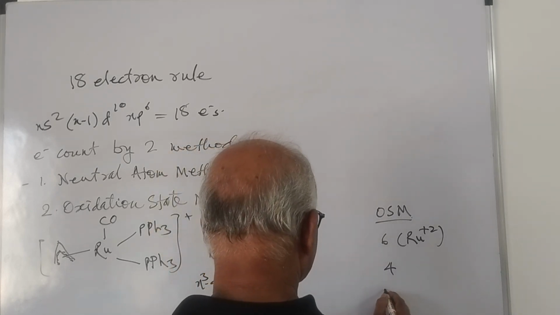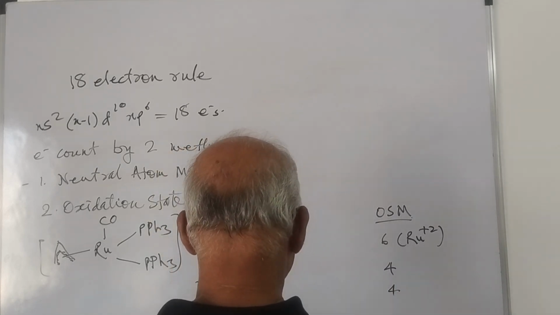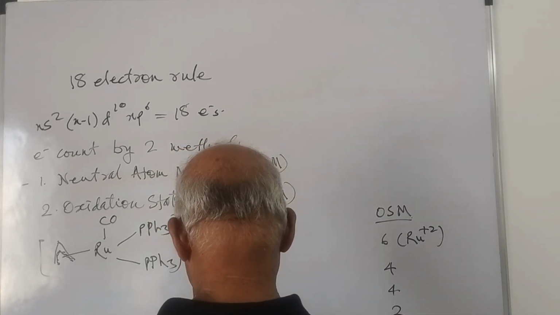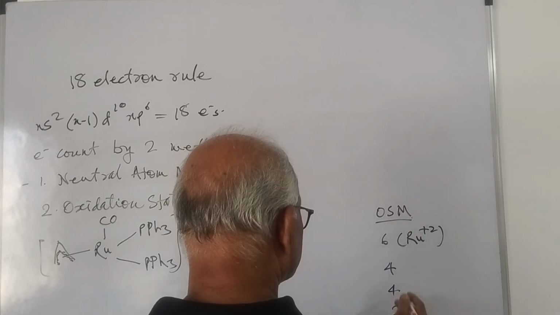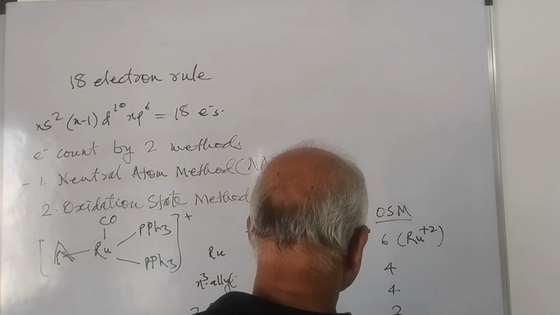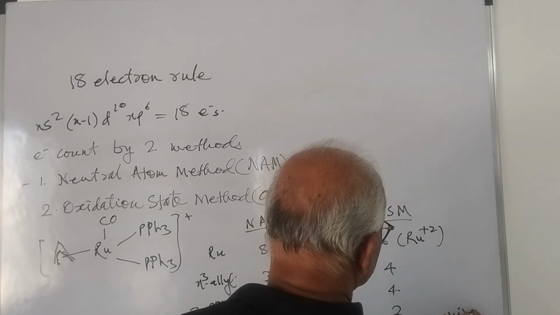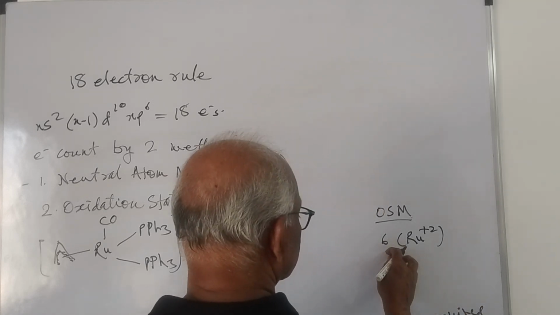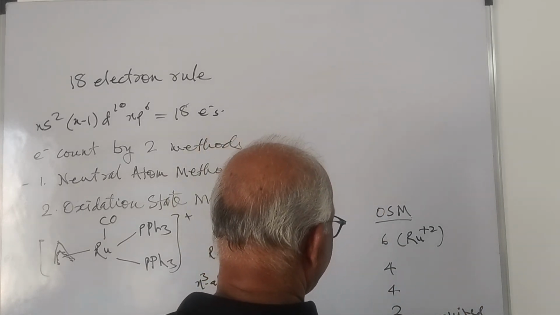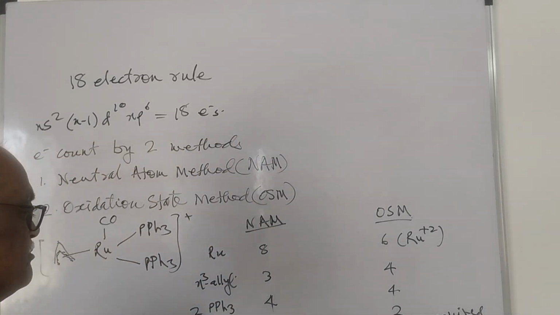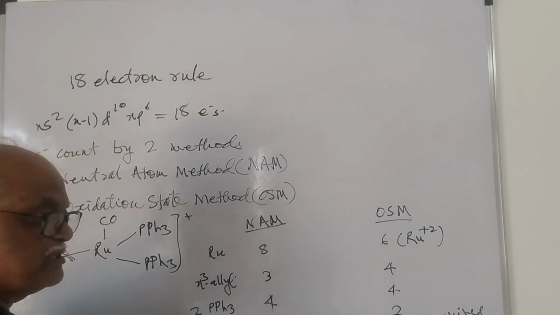Then the 2 phosphine groups are contributing 4. The carbon monoxide contributes 2, and there is no need to count the charge. So the count is 16. In both ways the count is the same.